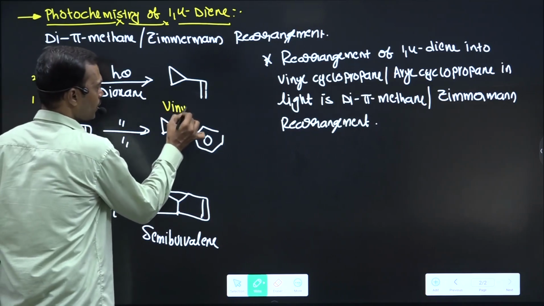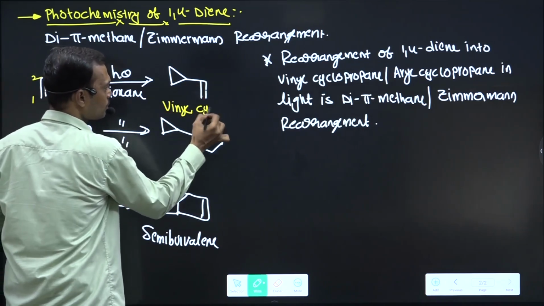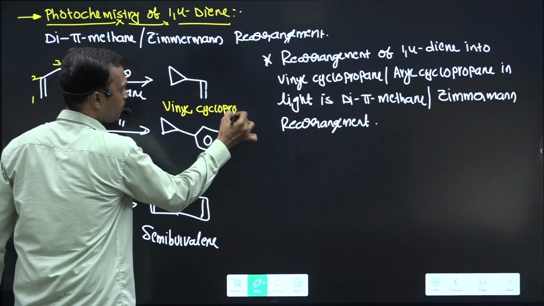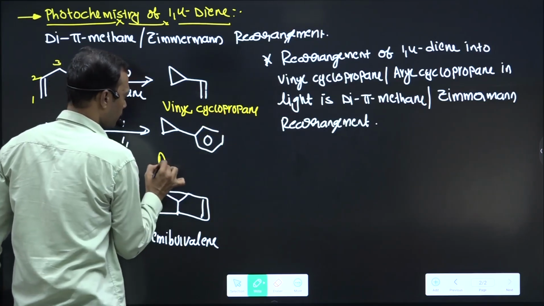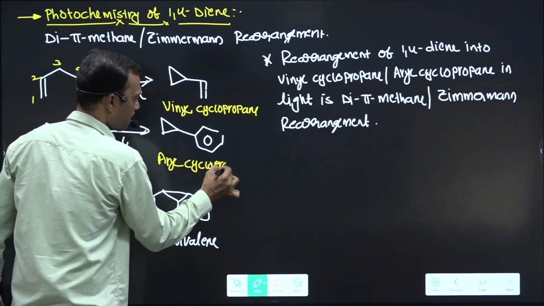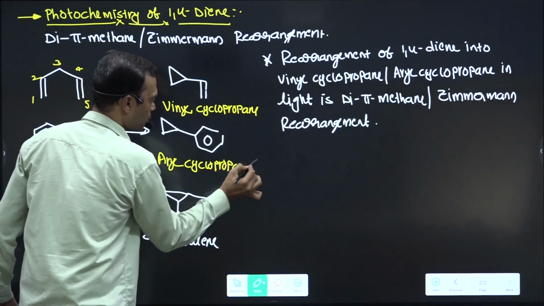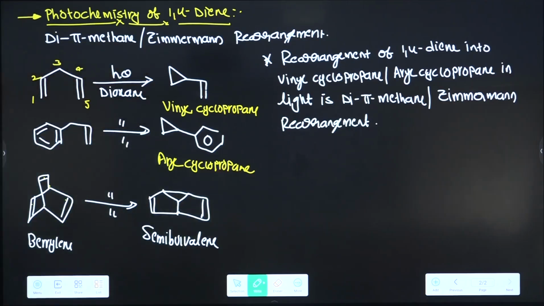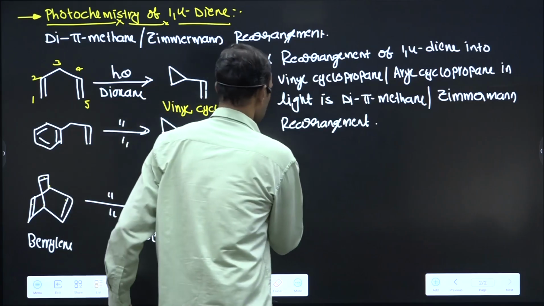Here the right side group is vinyl. This is vinyl and this is cyclopropane. This is aryl. Aryl cyclopropane. Rearrangement of 1,4 diene into vinyl cyclopropane or aryl cyclopropane is called di-pi-methane rearrangement. Light should be taken and that is also called Zimmermann rearrangement.